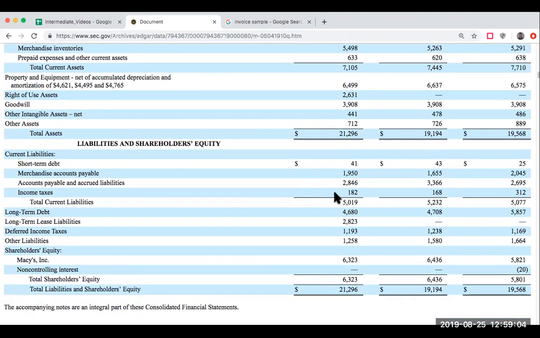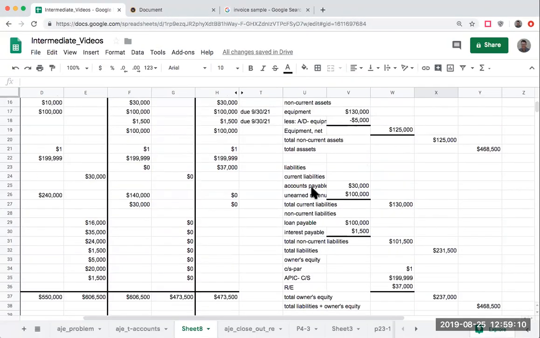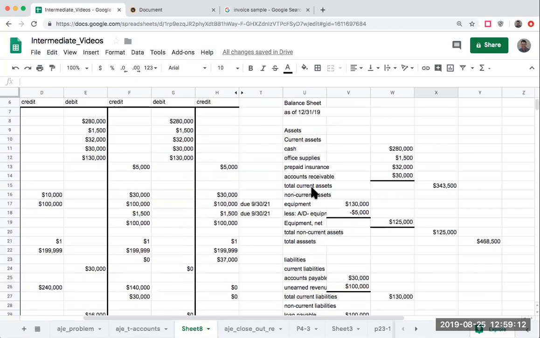In terms of the double underline and those kinds of things, at least in my class, I'm not as concerned with that as you preparing a balance sheet, which shows me that you know how to properly classify and record information. So that is this question.